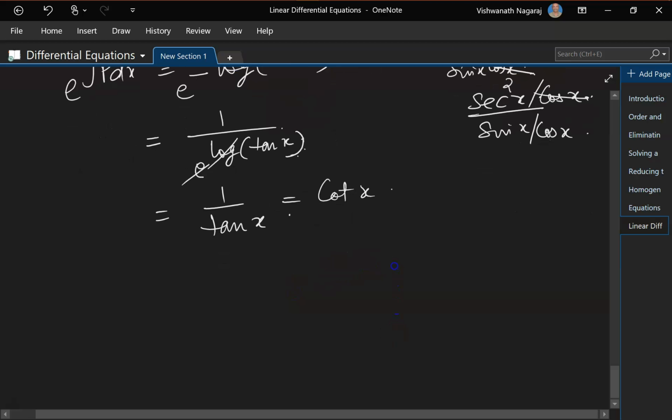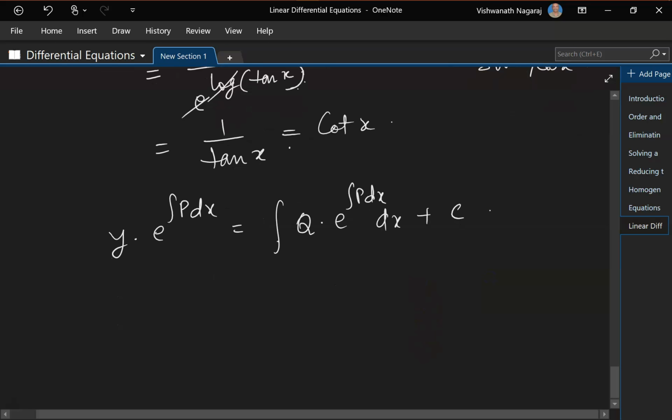So our integrating factor is cot x. Once we have done that, just remember the formula of the equation of the solution. The integral of q times e to the power of p dx plus c. Now do the substitutions.